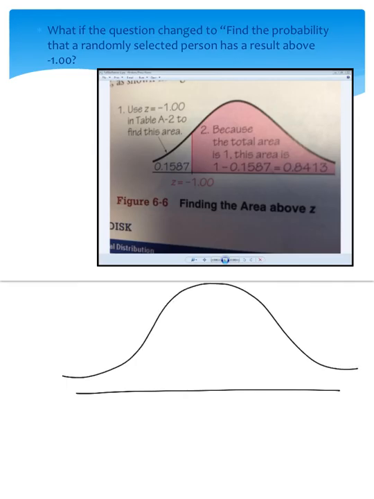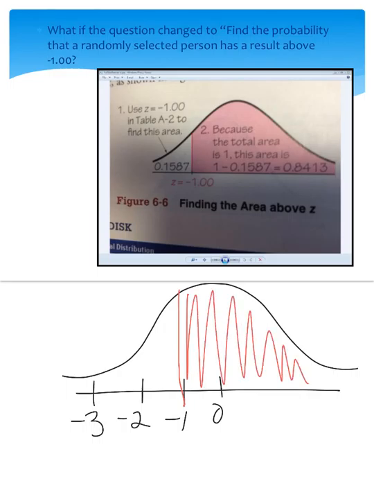What if the problem wasn't looking at area to the left, and what if we were interested in probability or area to the right? So I want to know the probability that a person randomly selected has the result above -1. So there's my 0, -1, -2, -3. And I'm going to put my vertical mark coming down at -1, and I want this part here that you also see in the picture above highlighted in red.